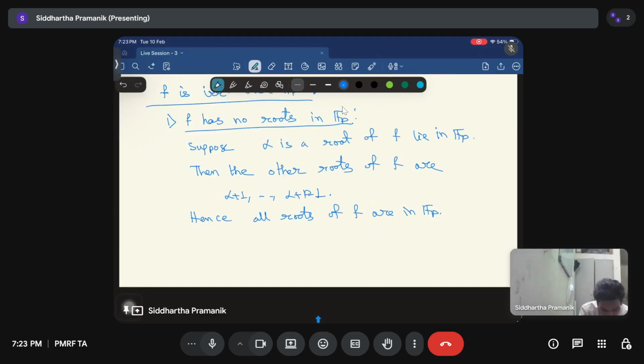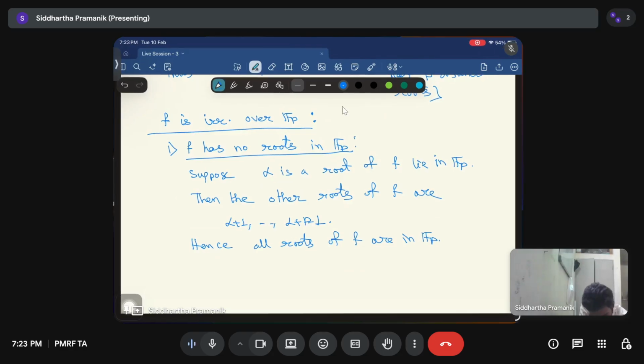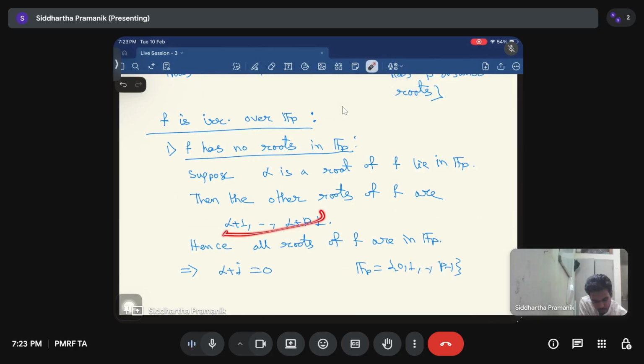So this means only two things can happen. Either all roots are in F_p or none of the roots is in F_p. And we know that these roots are distinct. So there are p roots. So this implies some root has to be 0, right? Because F_p is basically 0, 1, up to p minus 1, and it has all these p distinct roots.